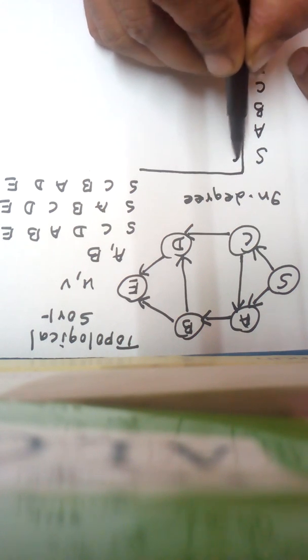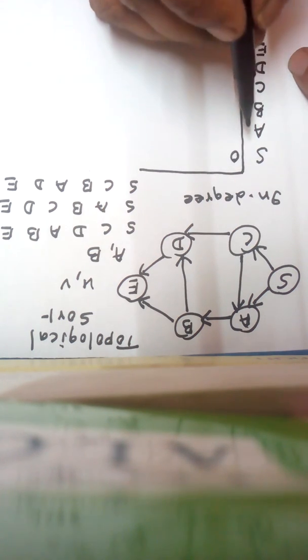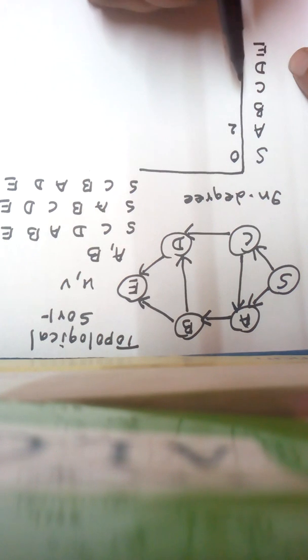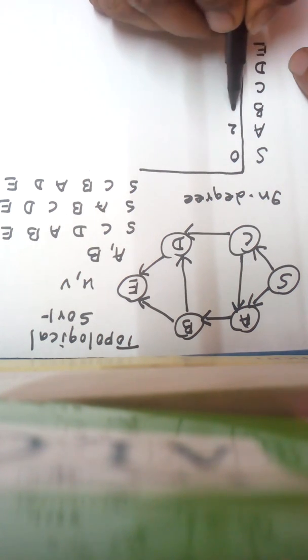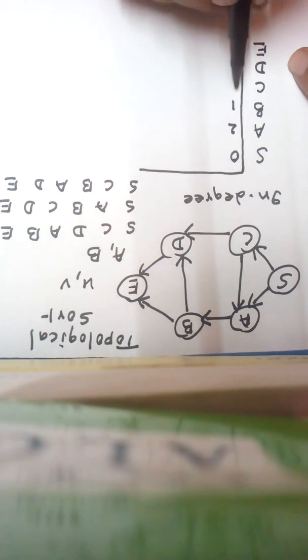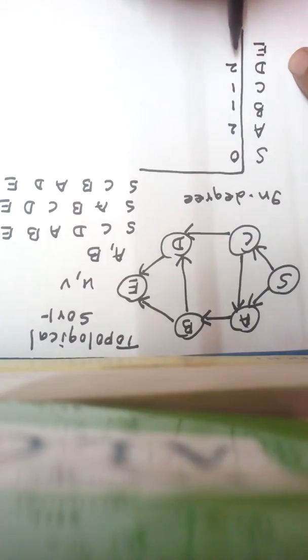In degree of S is 0, in degree of A is 2, in degree of B is 1, in degree of C is 1, in degree of D is 2, in degree of E is 2.